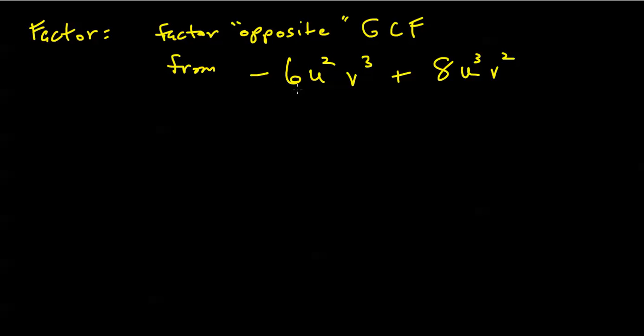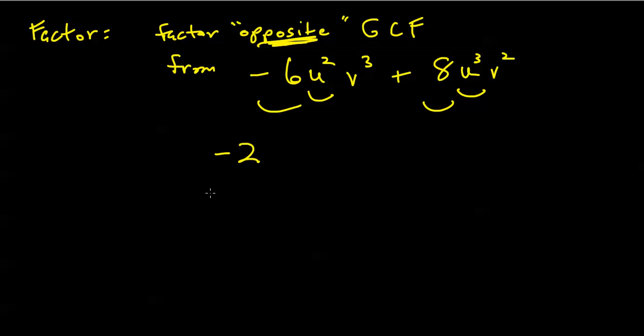If I look at these coefficients, the GCF of 6 and 8, I suppose I could call that a 2, but the implication here is they want that GCF to be negative, so I'm going to arrange my signs not to factor out a 2, but to factor out a negative 2. How many powers of u are common to both terms?